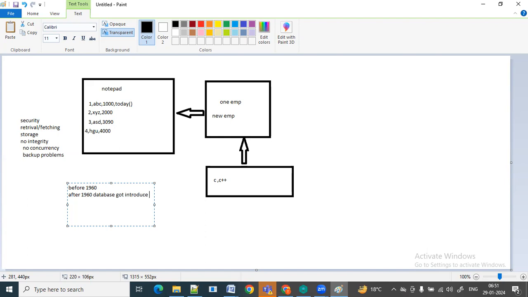See, generally, I have some data that I need to store in the database. So to store into the database, some management needs to be there for that database, correct? Now, let us take the same example. Company A has 100 employees.